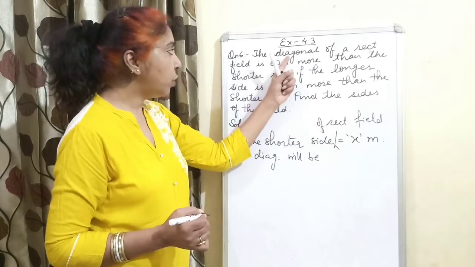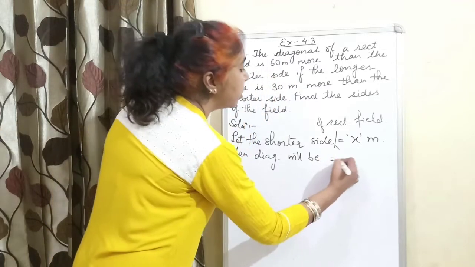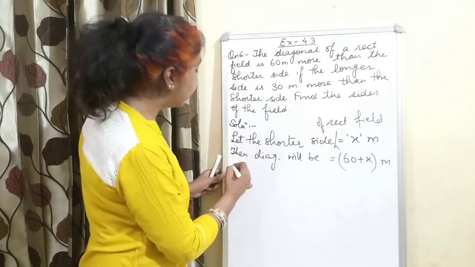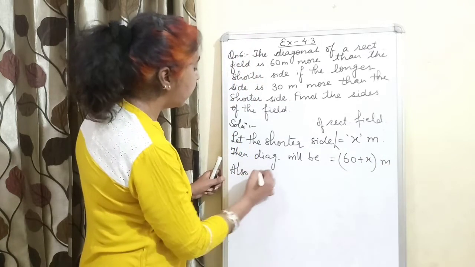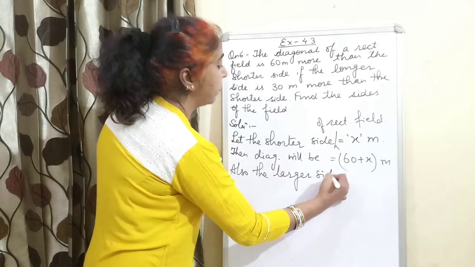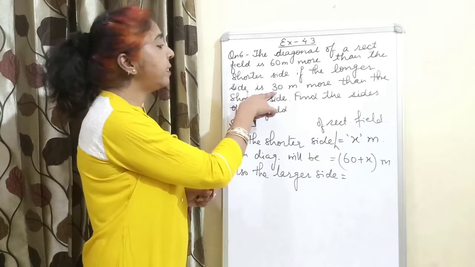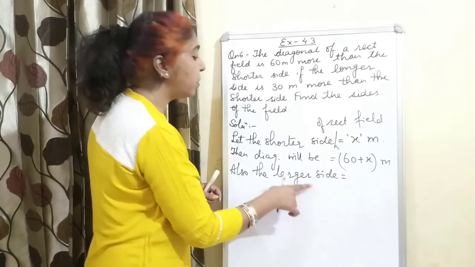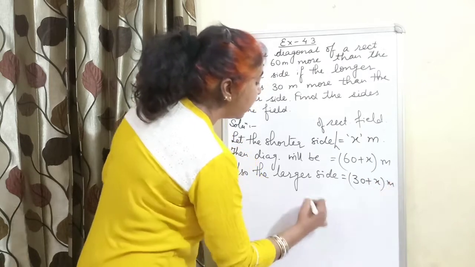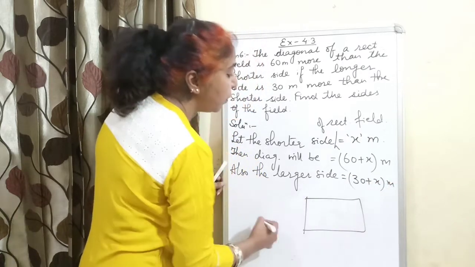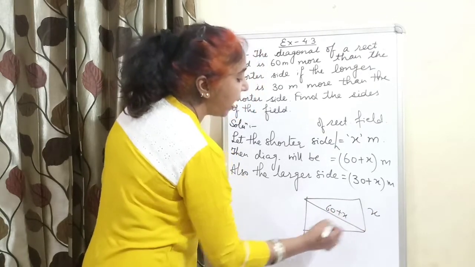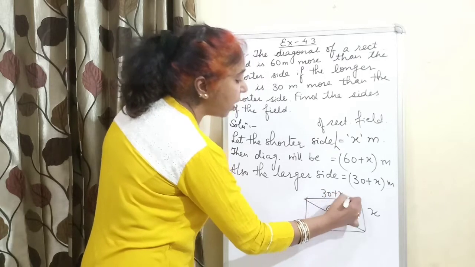Then, according to the question, the diagonal is 60 meter more, so it will be 60 plus x meter. In the same way, the larger side is 30 meter more than the shorter side, so the larger side will be 30 plus x meter.